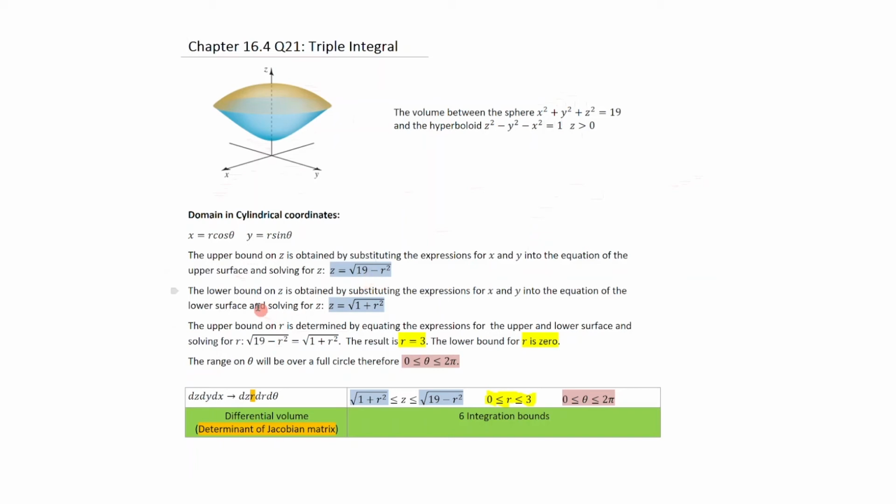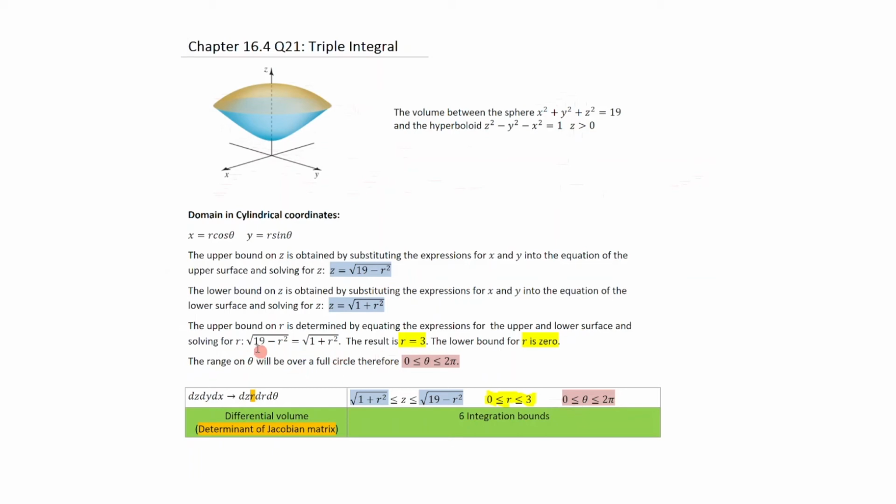The lower bound on z is obtained by substituting the expressions for x and y, again these, into the equation of the lower surface, which is this one, and solving for z, in which case you end up with this answer. The upper bound on r, on the other hand, is determined by equating the two expressions, the upper and lower, which essentially gives us this boundary line that you see here, and solving for r.